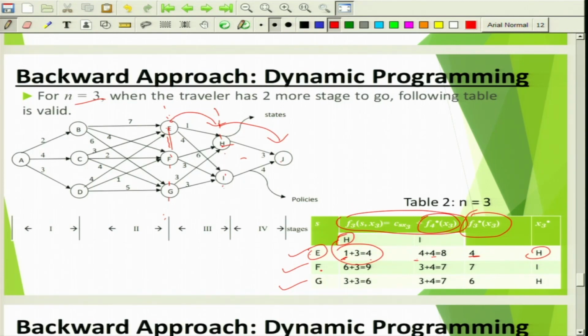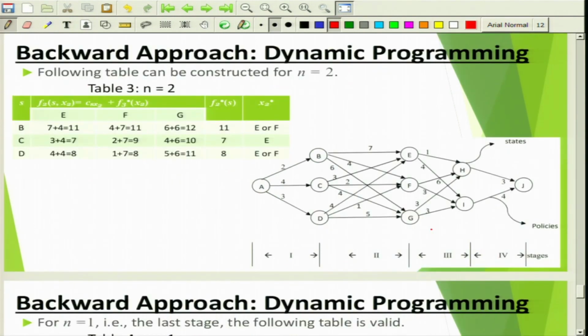So the best way is to go to J via I, which gives 7. Similarly from G to H or G to I, which one is the best? It is G to H, and you can freeze H. Now going backward, now n is equal to 2.